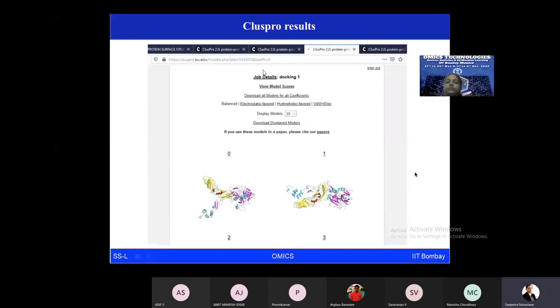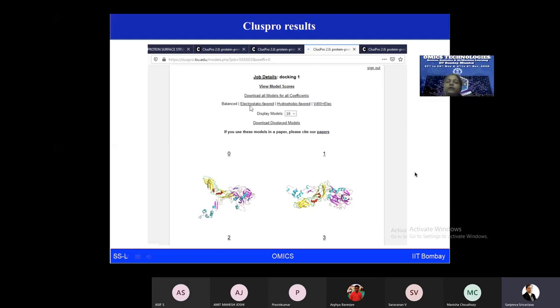This is how the result page looks. Here the job details are given, and we can visualize the model scores also. If we have any information about the structure of the protein and how the complex would look, we can choose to look for electrostatic favored, hydrophobic favored, or van der Waals and electrostatic interactions.